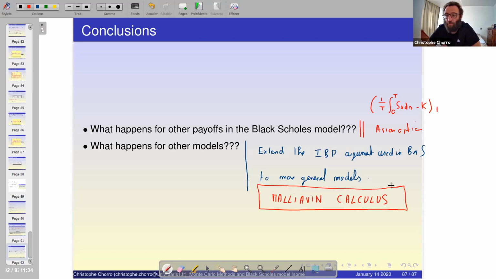I will introduce the Malliavin calculus and study the related operators. And then at the end, I will apply the mathematical tools we are going to see together to extend this integration by part argument that I have used in the Black-Scholes model, to improve the quality of the approximation of Greeks by Monte Carlo methods.